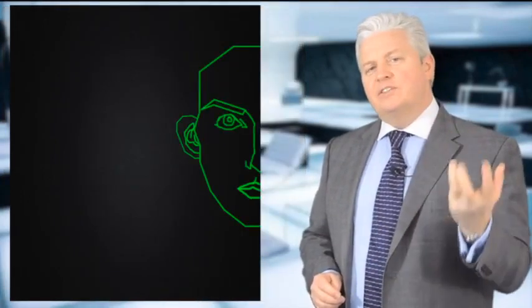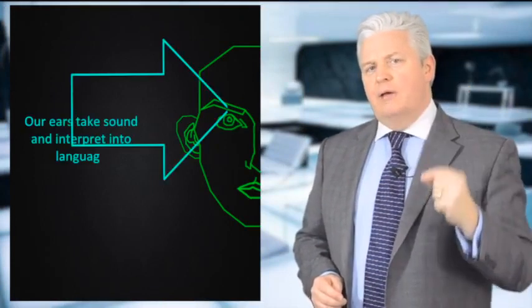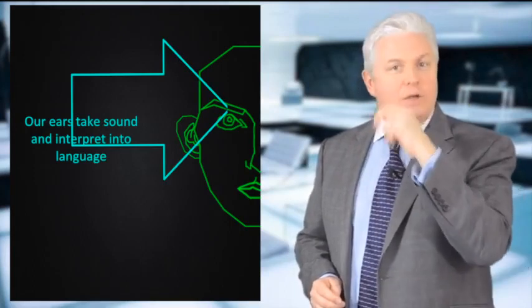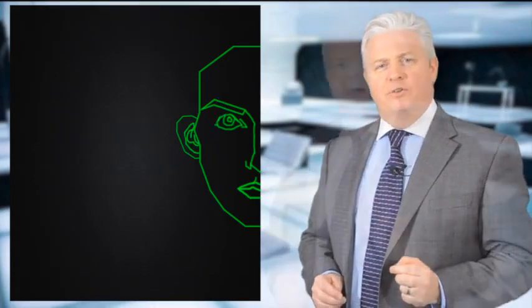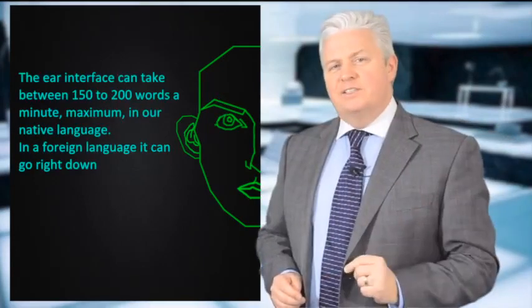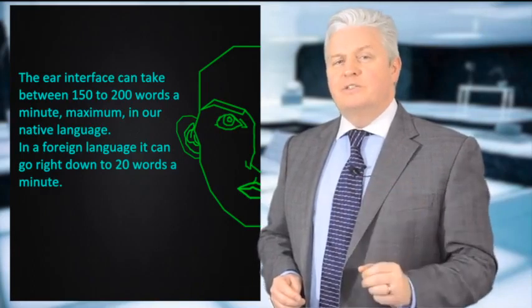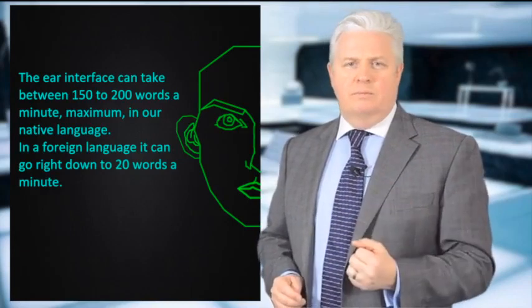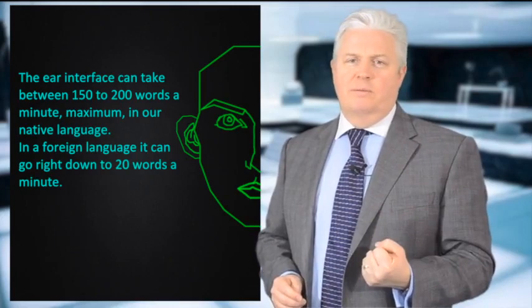And our ears have to take the sounds that are coming from the outside and interpret them, processing them into the language that I alluded to at the very beginning of this training module. The ear interface can only handle between 150 to 200 words a minute maximum in our own native language. In a foreign language, it can go right down to 20 words a minute.